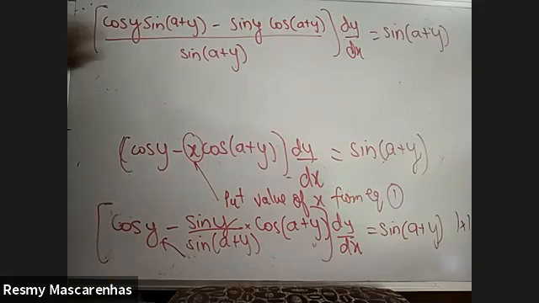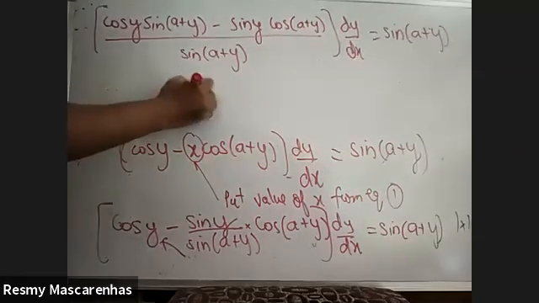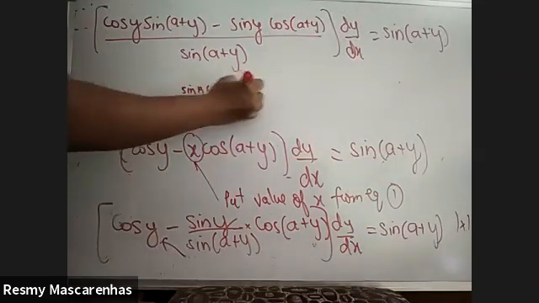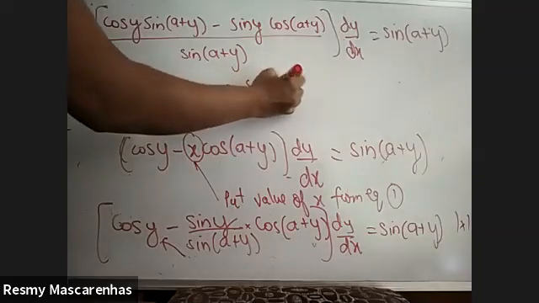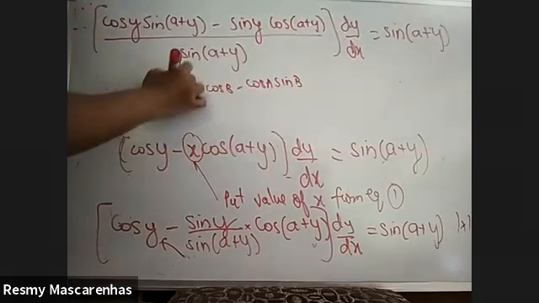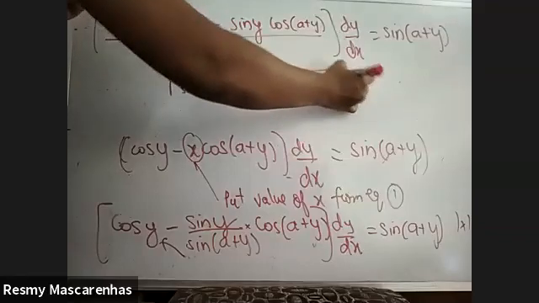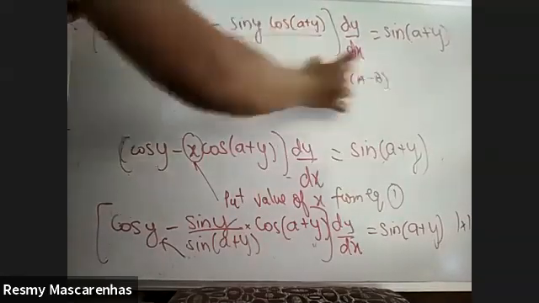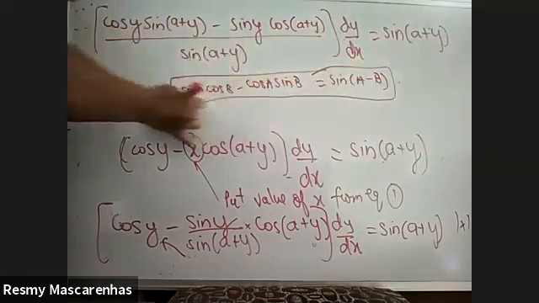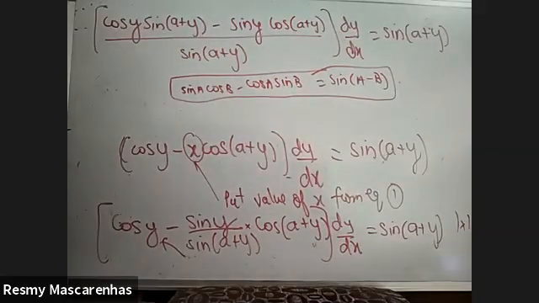Okay. So what is the formula? Sine a cos b minus cos a sine b is nothing but what? Sine of a minus b. Using this formula, okay, this is a and this is b.